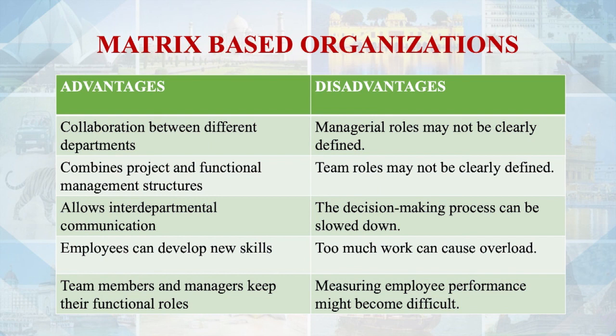A person who is working in project A, project B, project C might think that he is being used too much, and this kind of workload can be detrimental to the performance of the organization. And finally, one of the major disadvantages is that it is very difficult to measure employee performance, as the employee is now working in multiple projects.